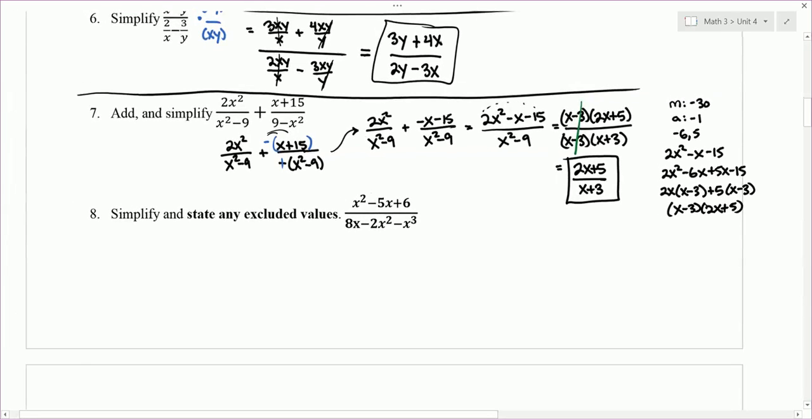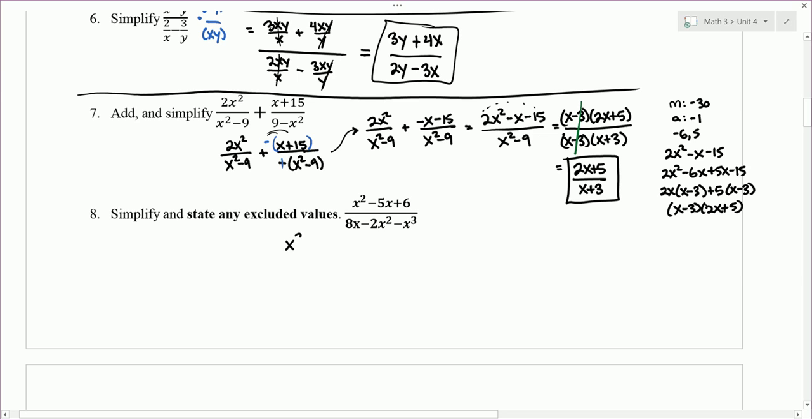Number 8, we're asked to simplify and then to state any excluded values. So in simplifying, notice the denominator is somewhat out of order. I'm going to put the x cubed term first, then the x squared term, and then the x term, just to rearrange this.